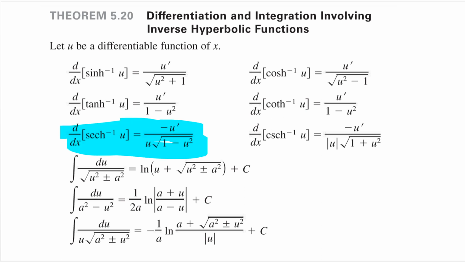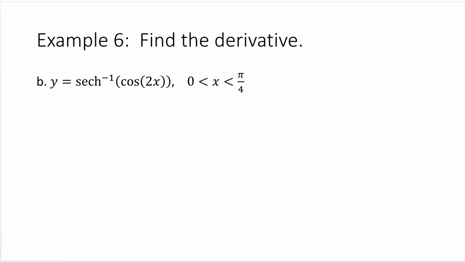So I'm going to know that's going to be negative u prime over u times the square root of 1 minus u squared. So if we go back to our equation, our u, in this case what is inside that hyperbolic secant inverse, is equal to cosine of 2x.